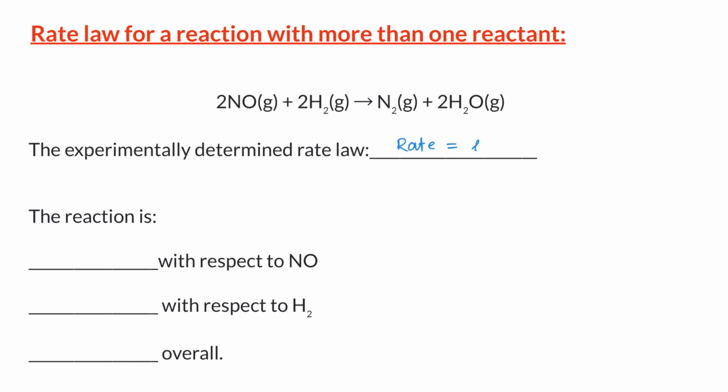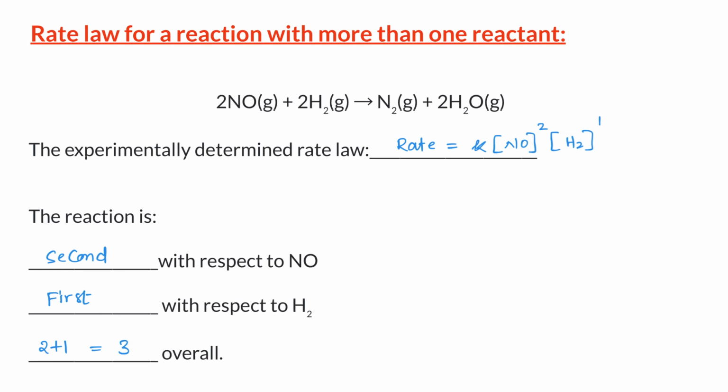Rate is equal to some constant k times nitric oxide concentration to the power 2 and hydrogen concentration to the power 1. The reaction is said to be second order with respect to nitric oxide and first order with respect to hydrogen gas. And the overall order of the reaction is the sum of all the individual orders, that is 2 plus 1, that is 3.